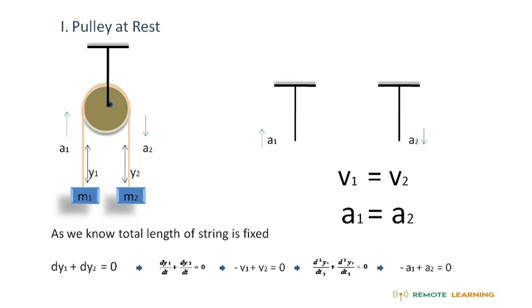Then we put positive for a2 and negative for a1, and we get the equation minus a1 plus a2 equal to 0. By using it we can directly write a1 equal to a2, and this is the constraint equation. The same can be done for velocity.